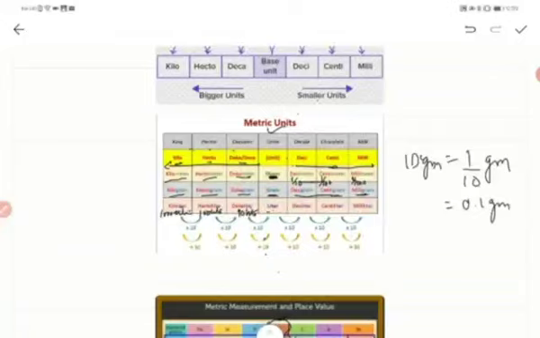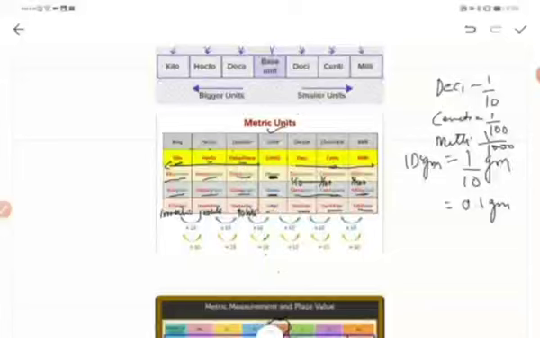For liters, less quantity of liquid capacity, it is deciliter, centiliter, milliliter. So just remember these: deci is 1 by 10, centi is 1 by 100, and milli is 1 by 1000.